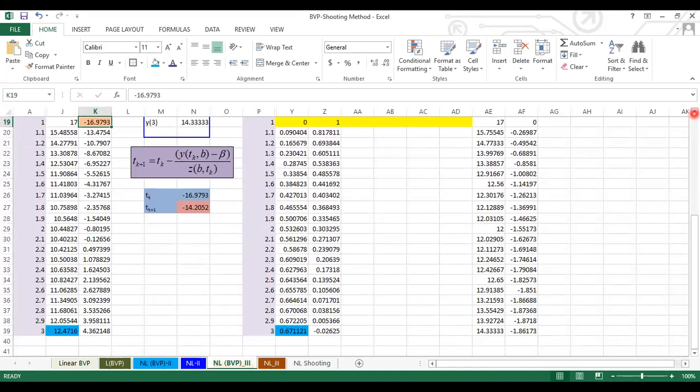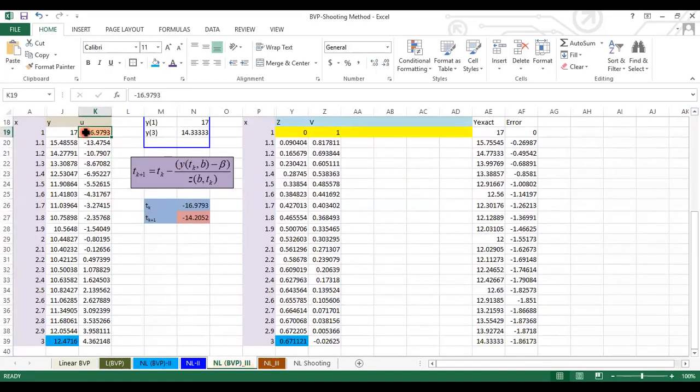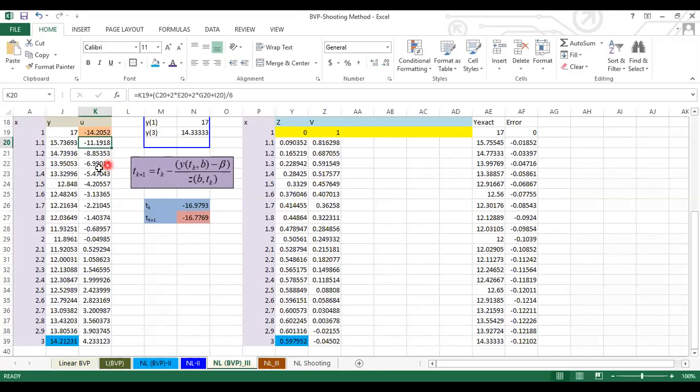So at this stage, let's solve the problem at the new slope value minus 14.2052, and by pressing the enter key you will find all of the calculations will be modified. That is the power of programming.